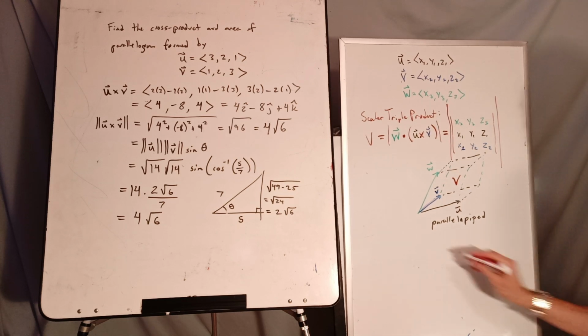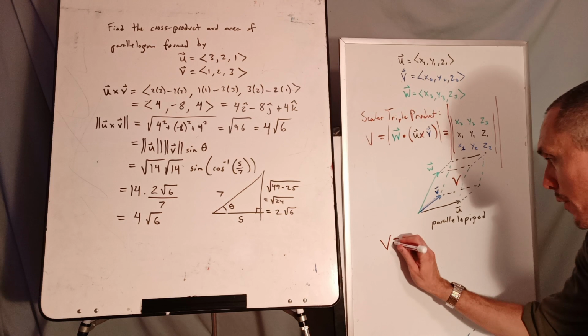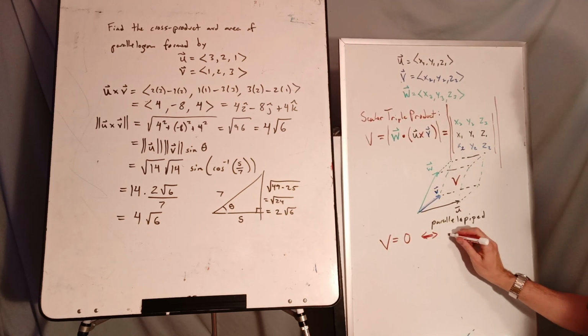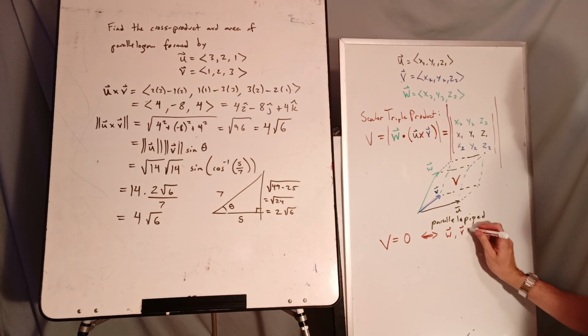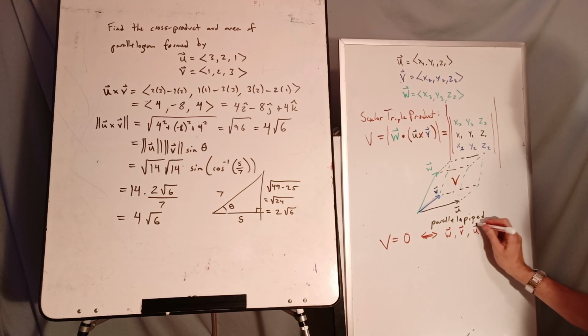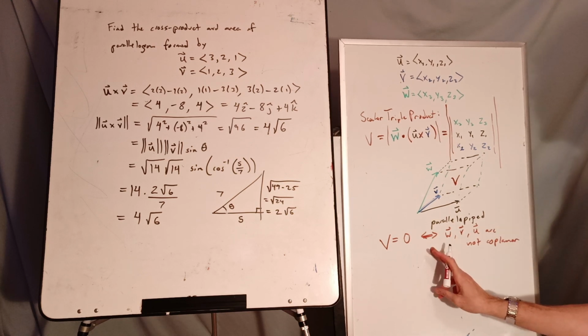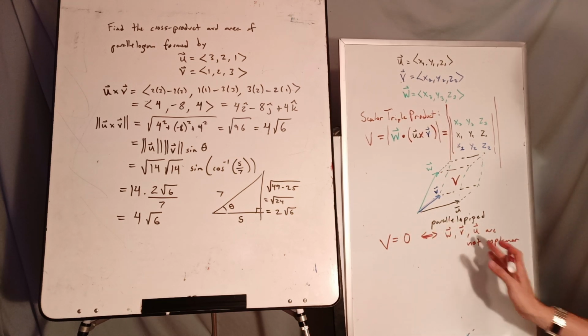And what's cool is that this volume is equal to 0 if and only if V, W, and U are coplanar. And what's great about if and only ifs is that you can negate both sides and it's still valid.